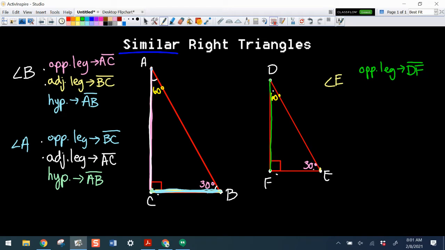Therefore, the adjacent leg to angle E is side EF. And last, the hypotenuse of this right triangle, no matter if angle E is our indicated angle or not, is side DE because it is opposite of the right angle.